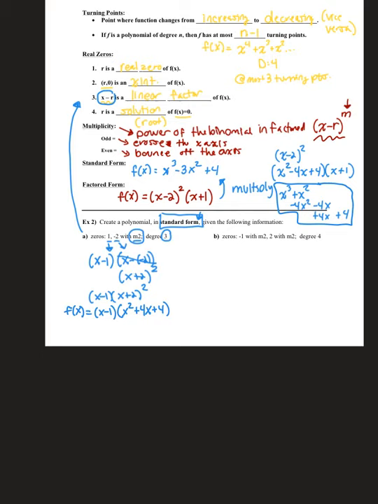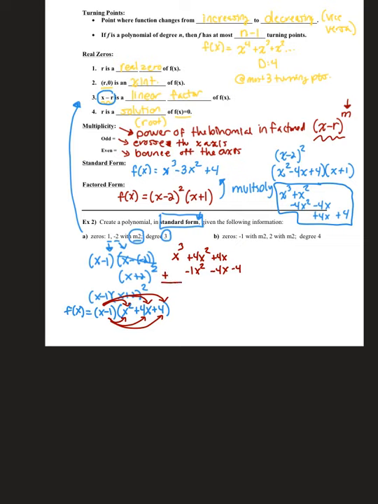So when I start multiplying these, x times x squared is x cubed, x times 4x is 4x squared, and x times 4 is 4x. Negative 1 times x squared is negative 1x squared. You'll notice I'm lining it up with the other x squared. Negative 1 times 4x is negative 4x, and negative 1 times 4 is negative 4.